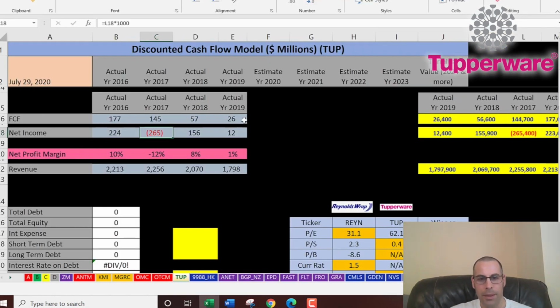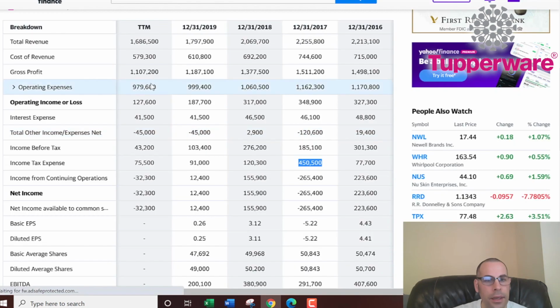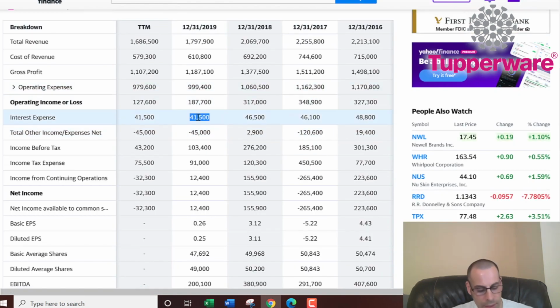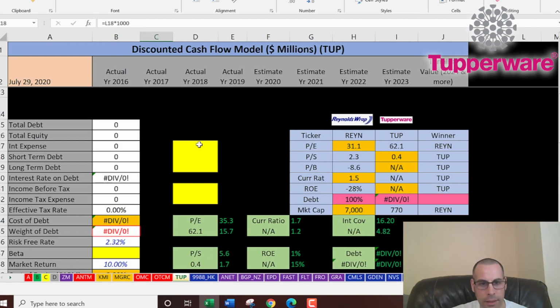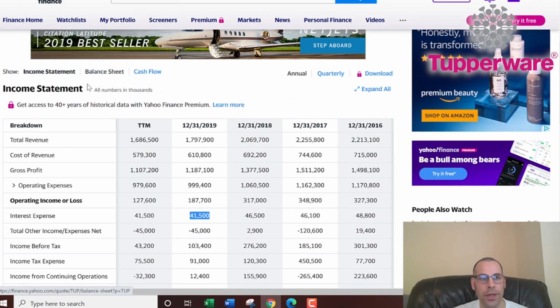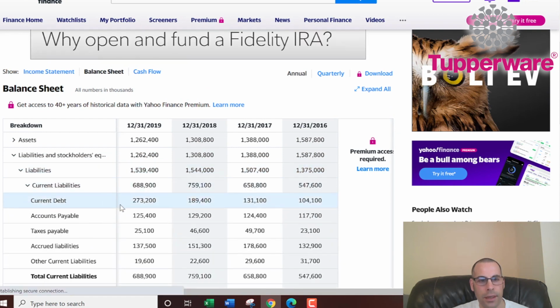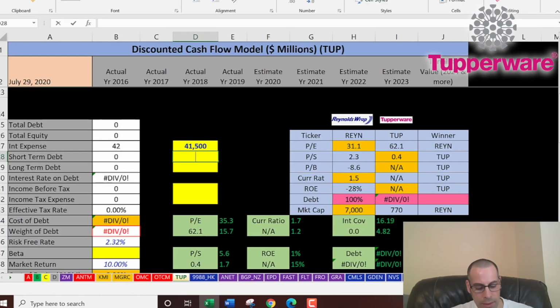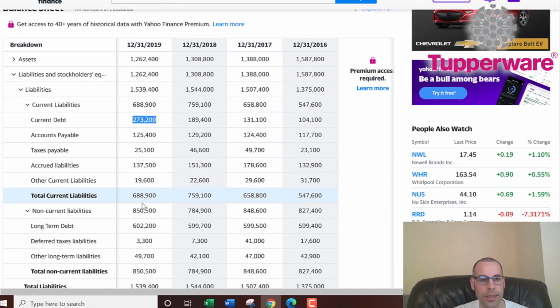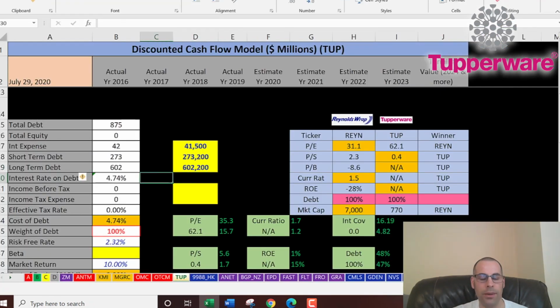Let's get their capital structure, because we need to figure out the discount rate to apply to the future cash flows. The interest they pay on their debt is $42 million. Let's see how much debt they have. We'll go to the balance sheet, to the liability section. Current debt of $273 million, that's debt due within 12 months. Long-term debt of $602 million, that's debt due after 12 months.